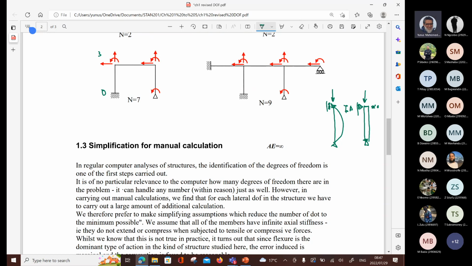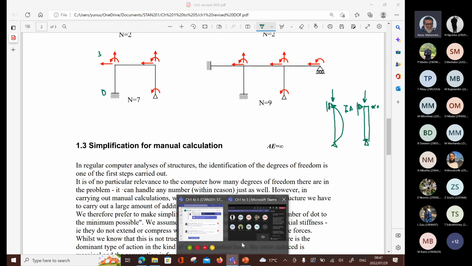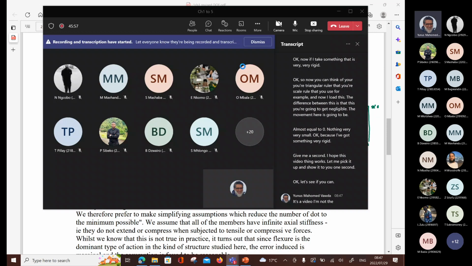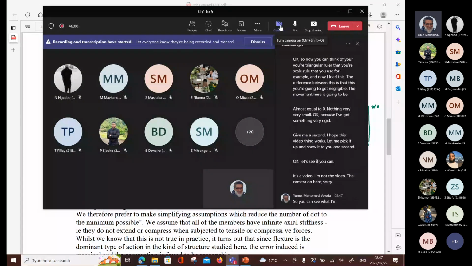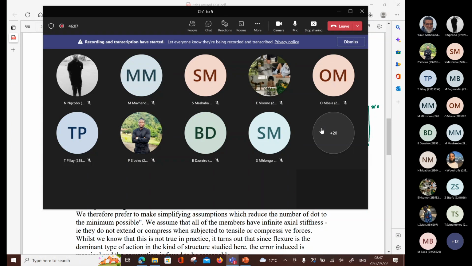Okay, let's see if we can get the video. Not the video, the camera on here, sorry. So you can see what I'm referring to. The camera on, can you see me?